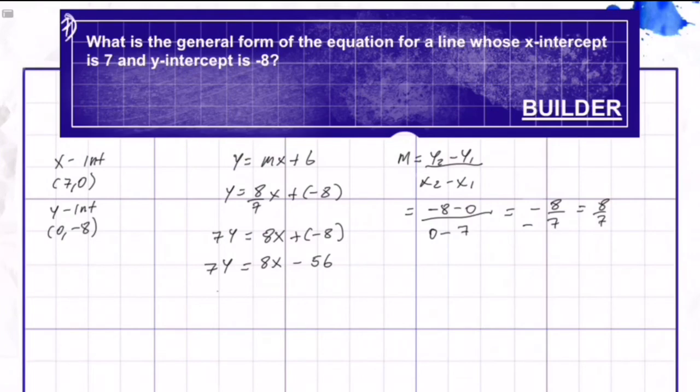So rearranging for the general form, we have that the answer is 8x minus 7y minus 56 equals 0. That is your answer.